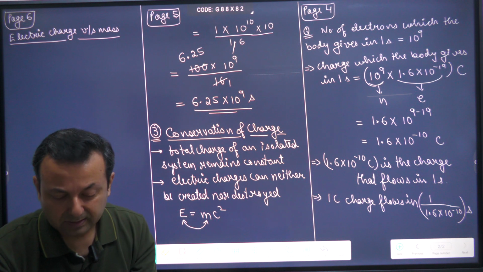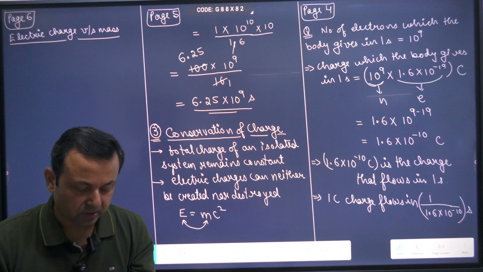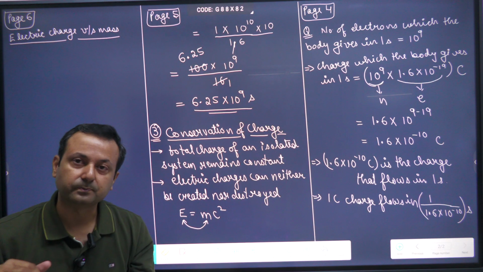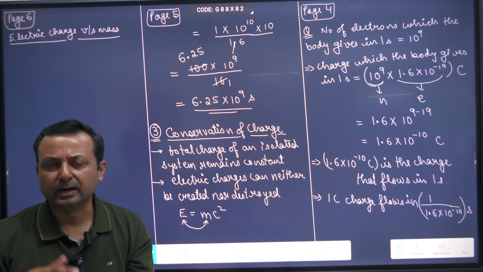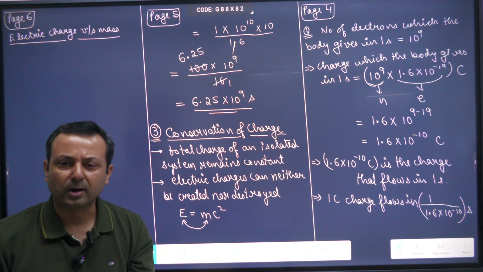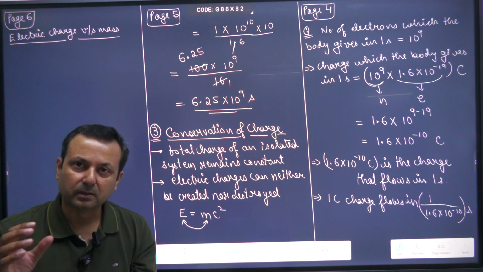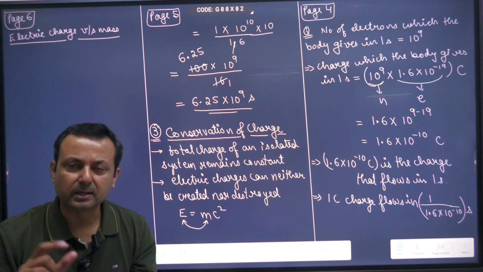Now, sixth point is electrostatic forces between different charges may cancel out. Some force may be positive, some force may be negative, because force is a vector quantity. If we add them, then they can cancel out.